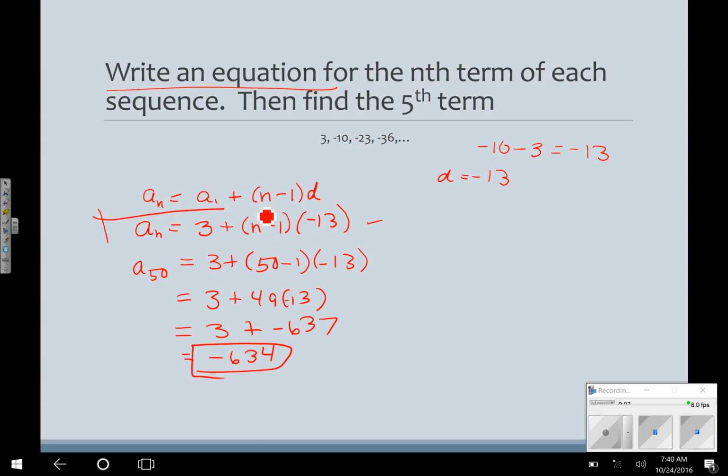So these are the two parts to the question we're looking for. There's the formula, and there is the 50th term.